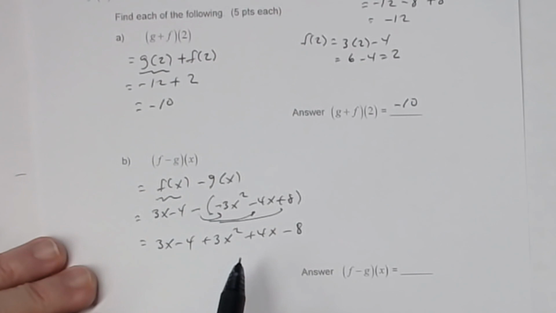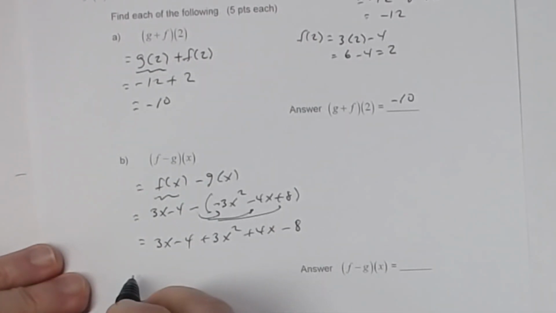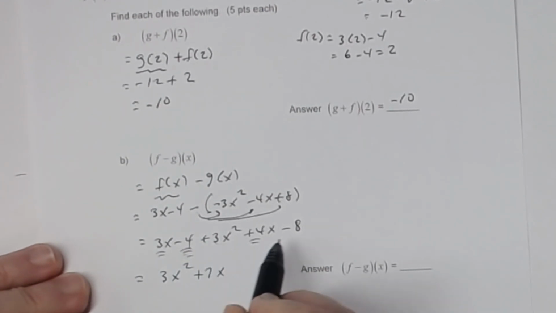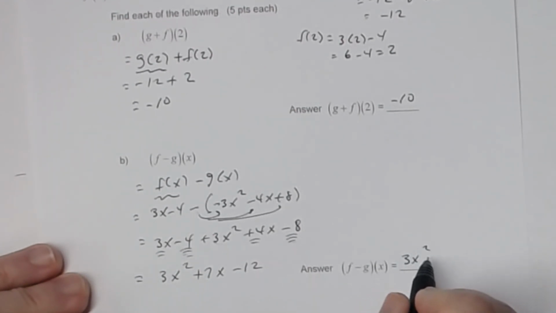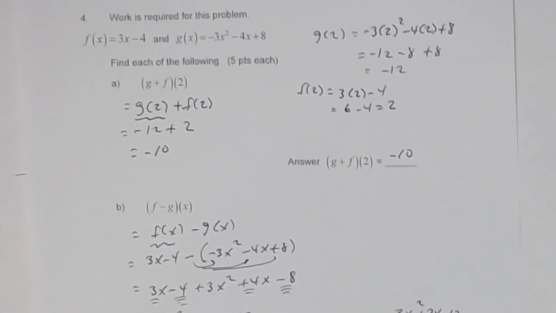And then combining like terms and putting it in descending order, I'm going to get 3x squared. 3x and a positive 4x is a positive 7x. A negative 4 and a negative 8 is a negative 12. So that goes here. 3x squared plus 7x minus 12. All right, so that's number 4.